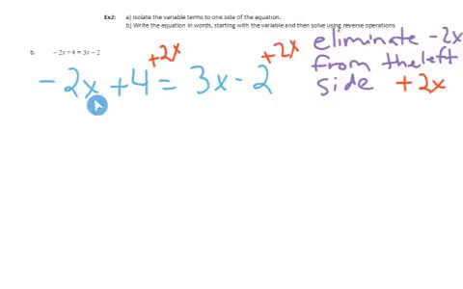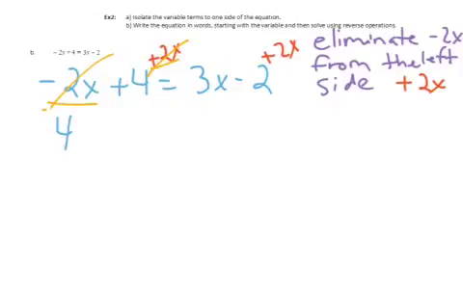So here we have minus 2x plus 4 plus 2x. Well, my like terms here are the negative 2x and the positive 2x. So negative 2x plus 2x, that's 0. So those are gone. And we're just left with positive 4 on the left side.